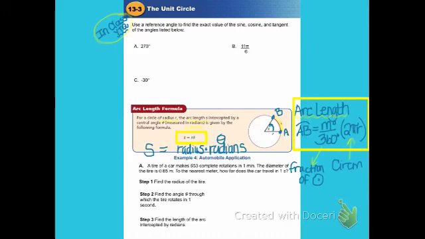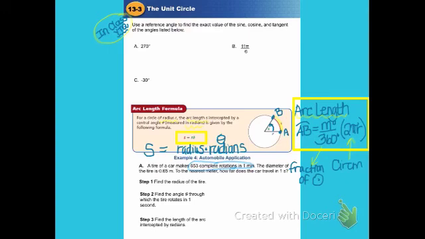Let's take a look at an example that involves an automobile application. So a tire of a car makes 653 complete rotations. So I'm going to just circle stuff that's important. 653 complete rotations in 1 minute. That means in 1 minute it's going to go completely around the whole circle 653 times.